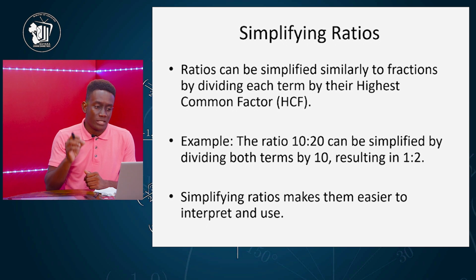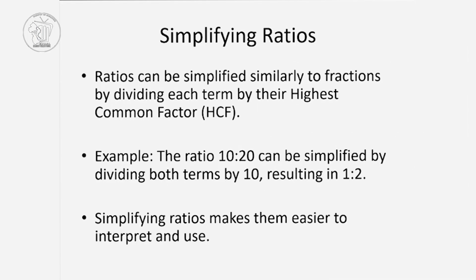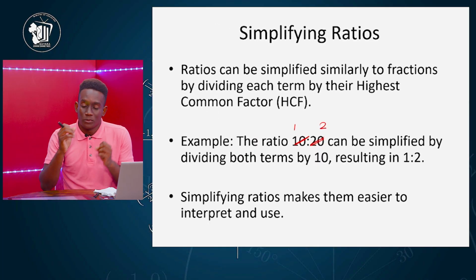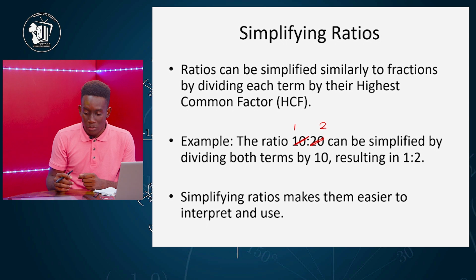For example, the ratio 10 to 20 can be simplified by dividing both the 10 and the 20 by the highest common factor, which is 10. So 10 divided by 10 will give you 1, and 20 divided by 10 will give you 2. So instead of saying 10 to 20, this can be simplified to 1 to 2.